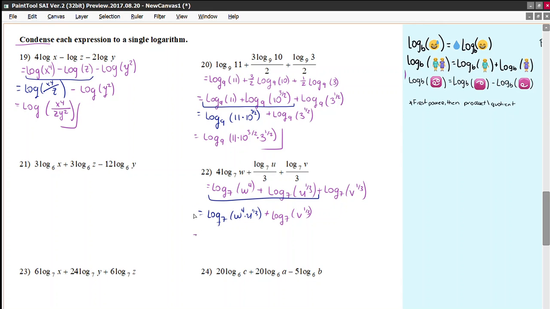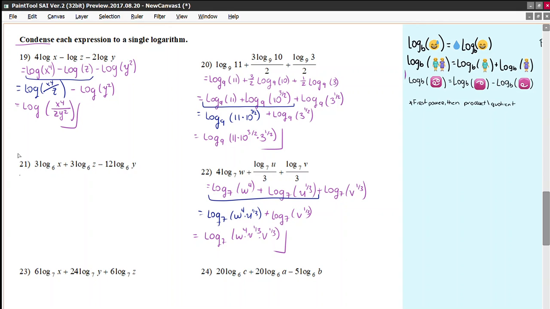And this can be simplified again with the product property as logarithm base 7 of w to the 4 u to the power of 1/3 times v to the power of 1/3. Again, no numbers outside my logarithm. We have a single logarithm and everything is inside the argument.